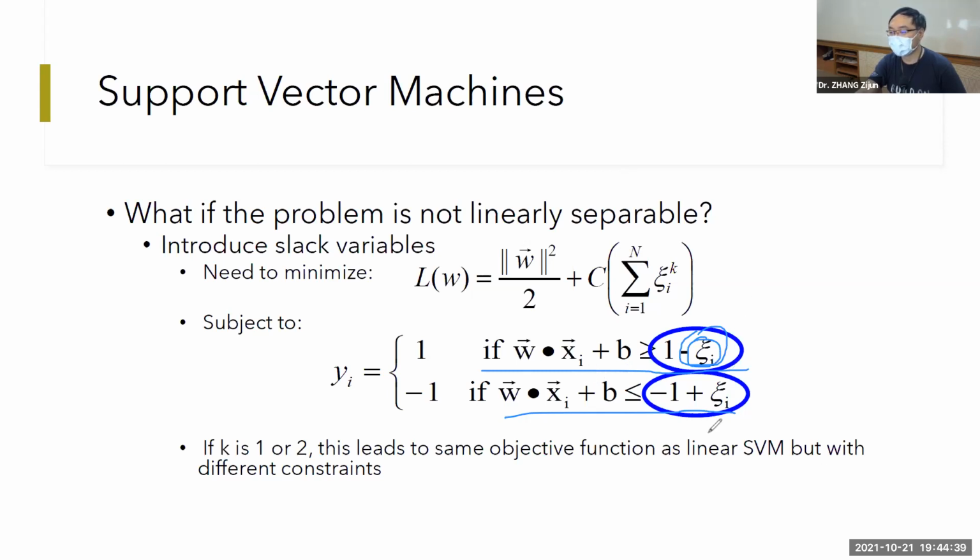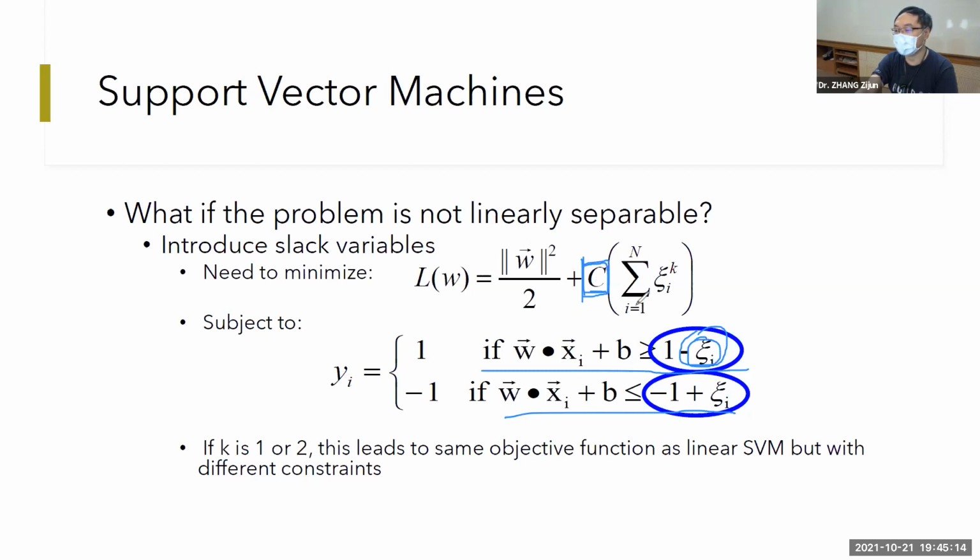So by introducing this slack variable, we want to minimize our toleration. The optimization indicates that we want to minimize such kind of toleration. Then we introduce a very important learning variable, C. When you implement your SVM algorithms, no matter in R, in Python, or in MATLAB, this variable C needs to be well tuned.